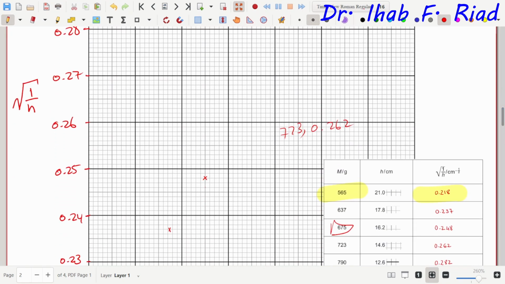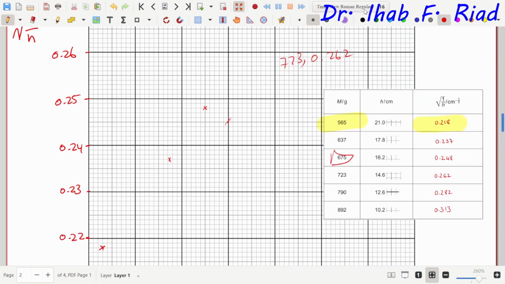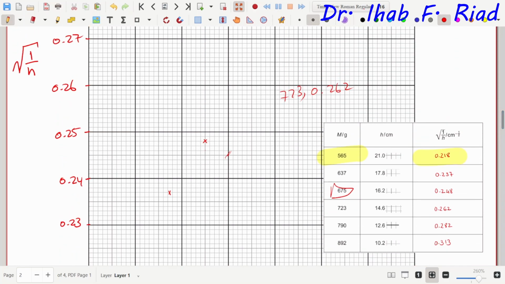And 0.262. So we know it is going to be around this square. Okay. We have 723. Let us see how we can represent this 723.